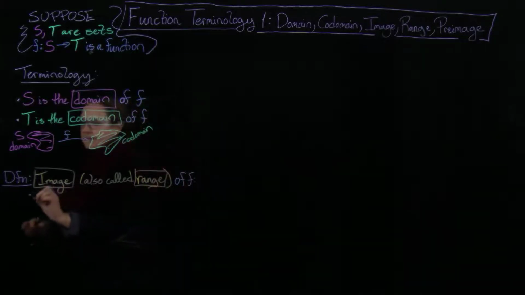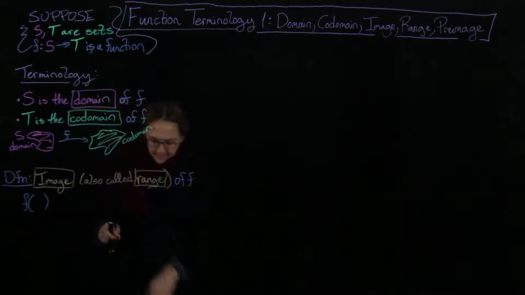So we write it like this. You write it as f of, then you put your entire set S in here.